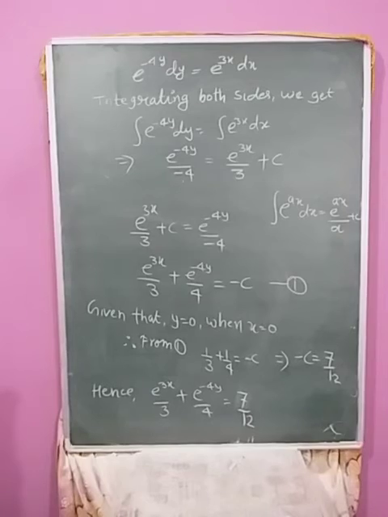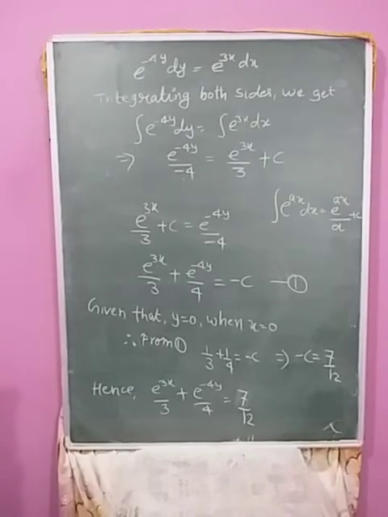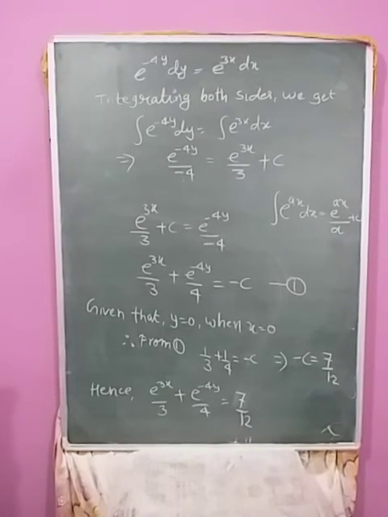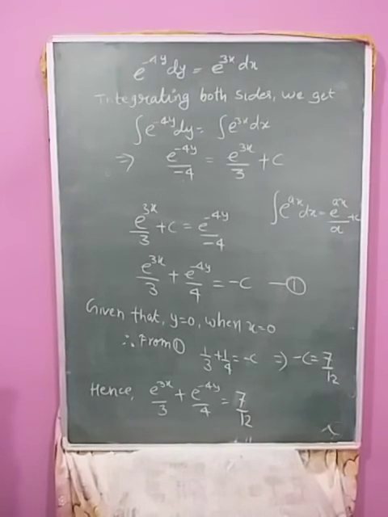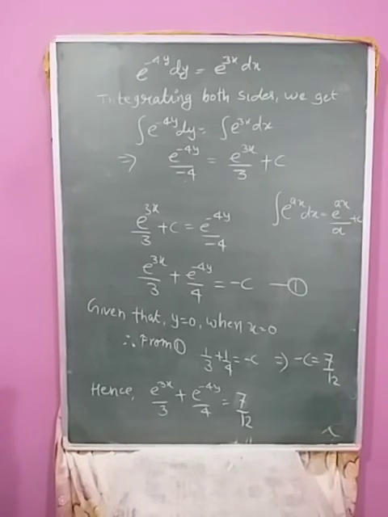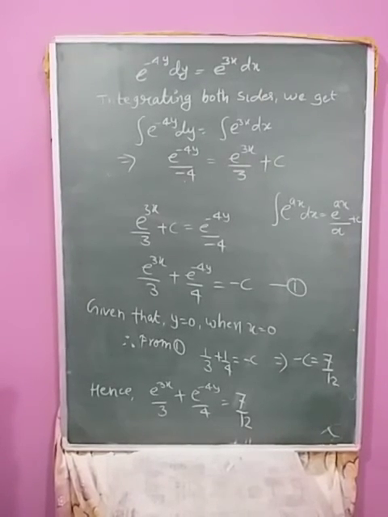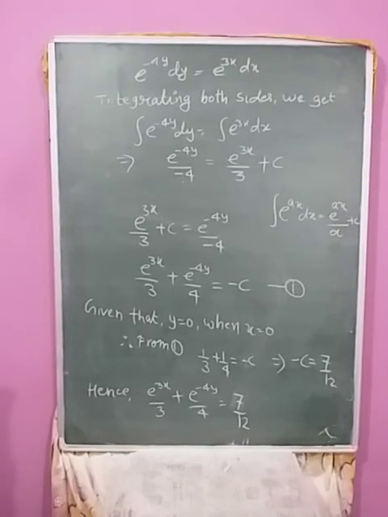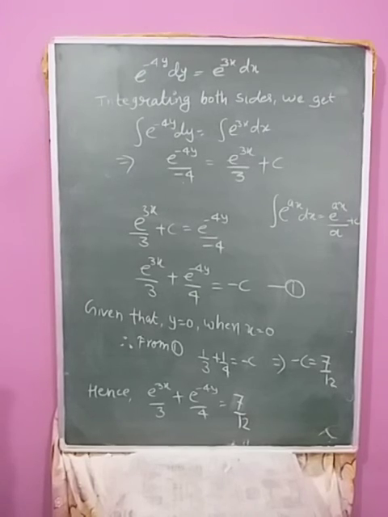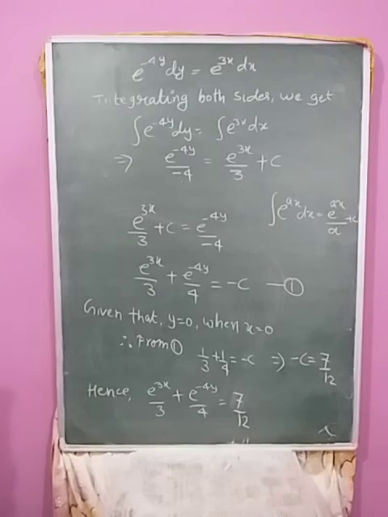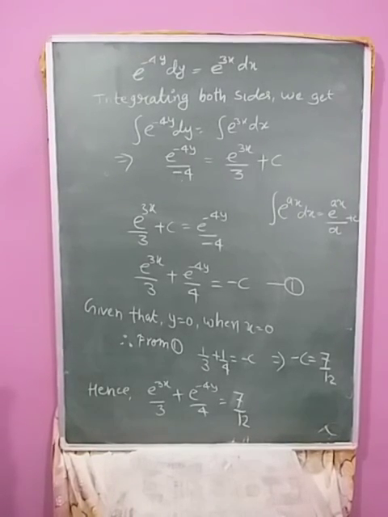After simplification, minus c equal to 7 by 12. So from 1, putting the value of minus c, we get e to power 3x by 3 plus e to power minus 4y by 4 equal to 7 by 12, which is the required particular solution of the given differential equation.